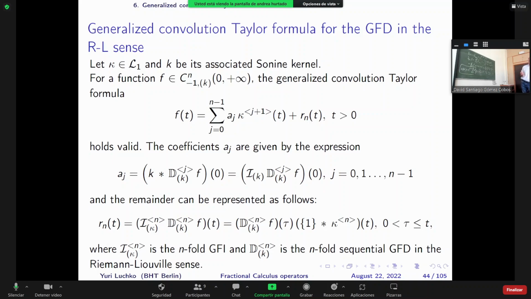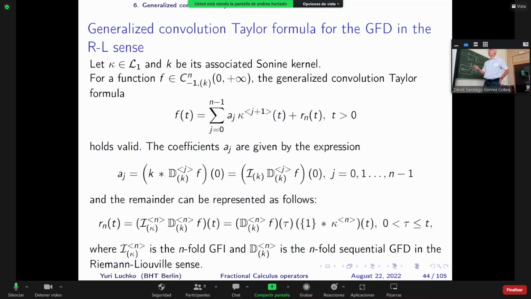So for any function f from the space of function, we can derive this representation, Taylor convolution formula, with a convolution polynomial, and the coefficients a, g, j can be calculated in terms of the function f, of course, through this general fractional derivatives. These are these objects, and the remainder term is nothing else than this object.